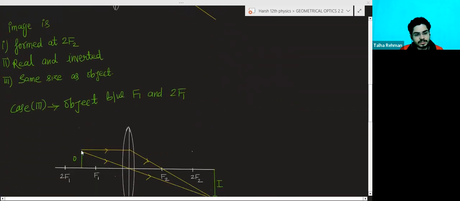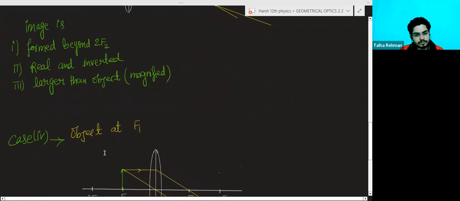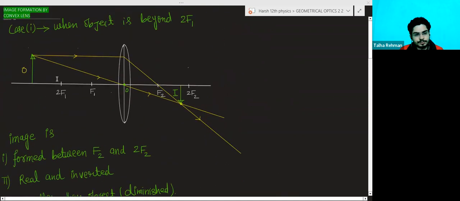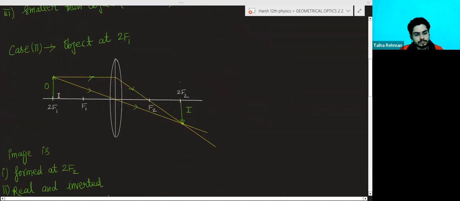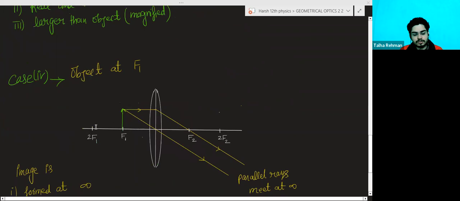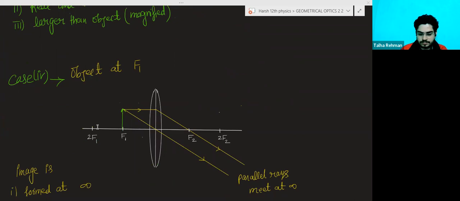Then we place the object here. Then we place the object at focus. So this should be 1, 2, 3, and 4. Okay, fine. It is 4.